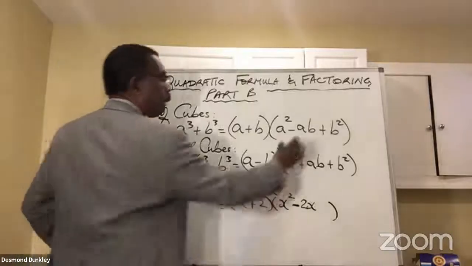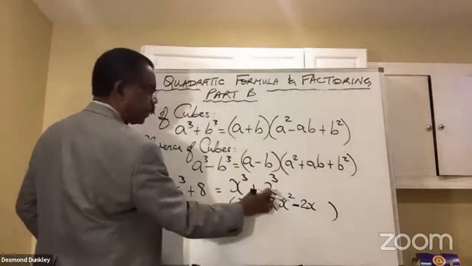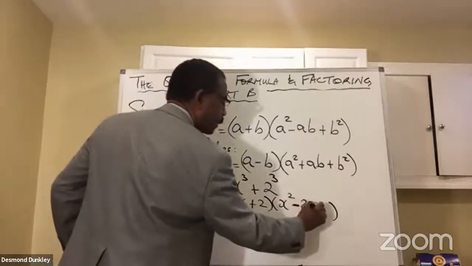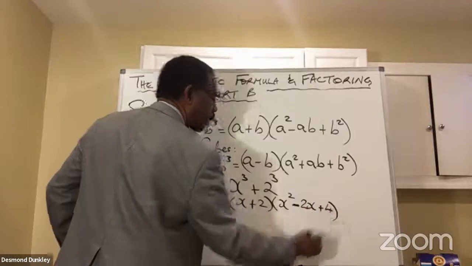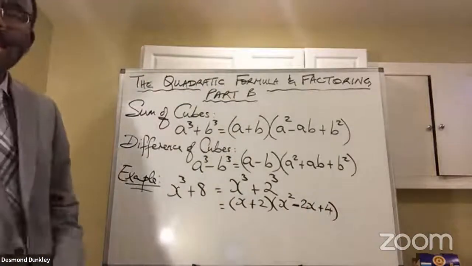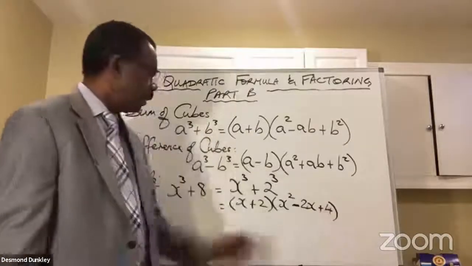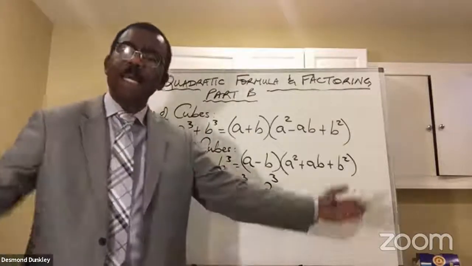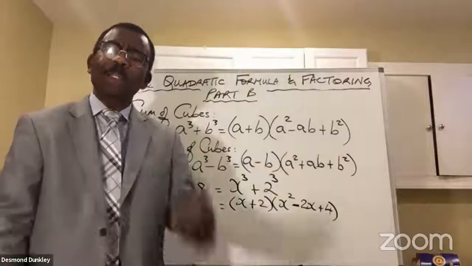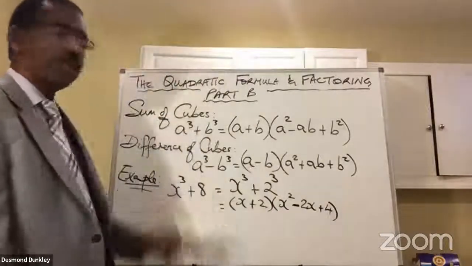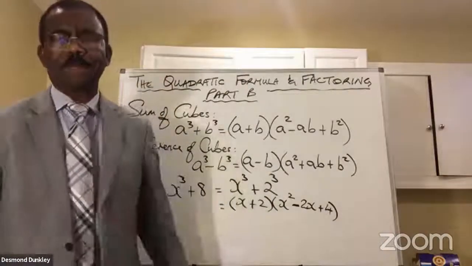Then finally, plus b squared. This is your b, so it's going to be plus 4. I guarantee you, if you multiply this times that, then positive 2 times that, and combine like terms, you will get x cubed plus 8.